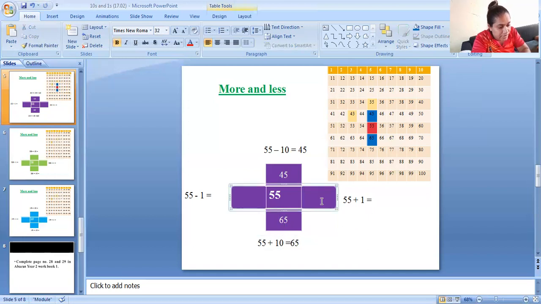Now to fill this blank, I should find the number that is 1 more than 55 and 1 less than 55. So I have marked 55 on my 100 square. First I will count 1 forward to find the number that is one more than 55. Here, 55.